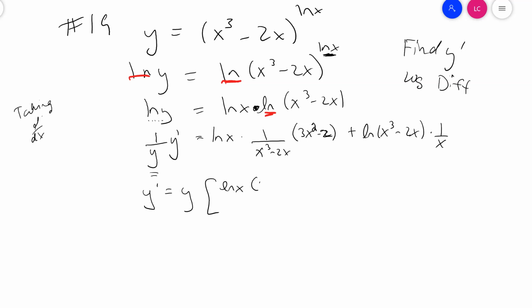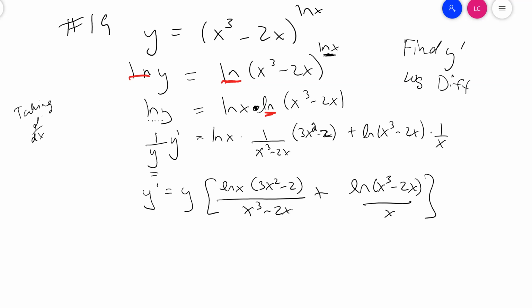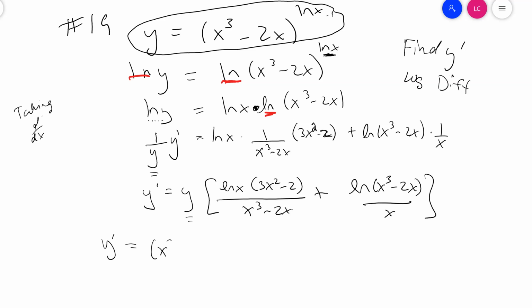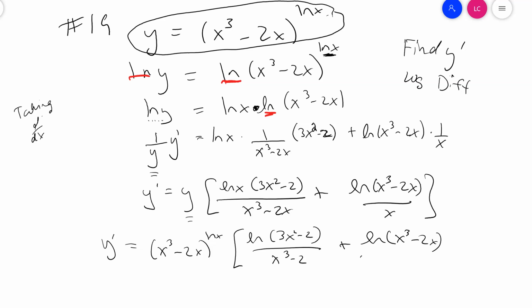So ln of x, 3x squared minus 2, x cubed minus 2, and then just carrying this whole thing along. Because your question came just with x's, it was y equals with x's, you need to replace this with the function that it is. So just take one more step and write that guy in. Huge problems. With logarithmic differentiation, you're always going to have product rule, which means lots of terms, and you're always going to multiply by y in the end.